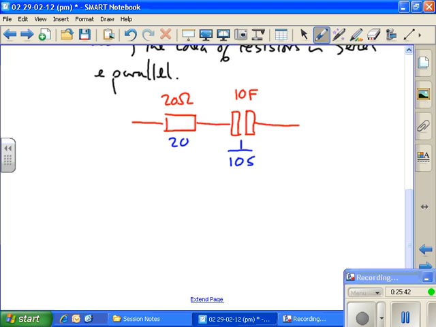So what is the combination of this? They're in series, so you add them up. So the total or the effective resistance of this circuit, if you like to think of it in that sense, in S space would just be 20 plus 1 over 10s.